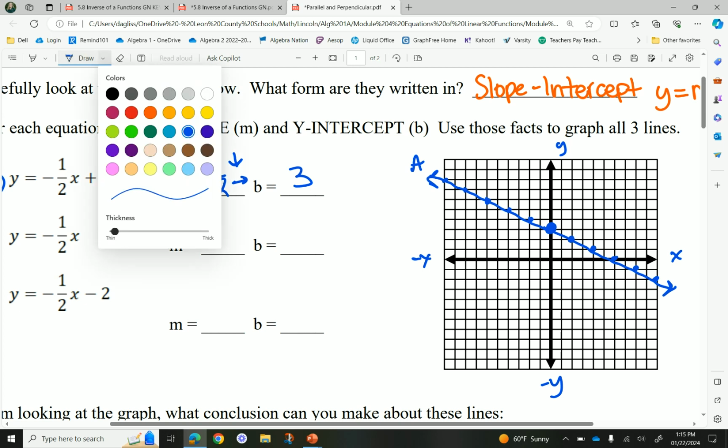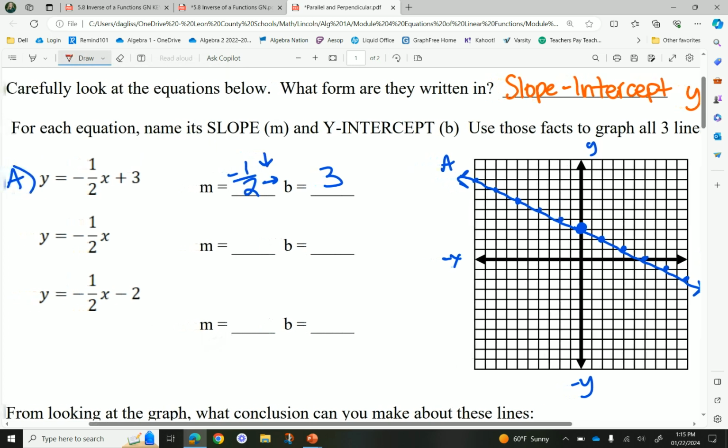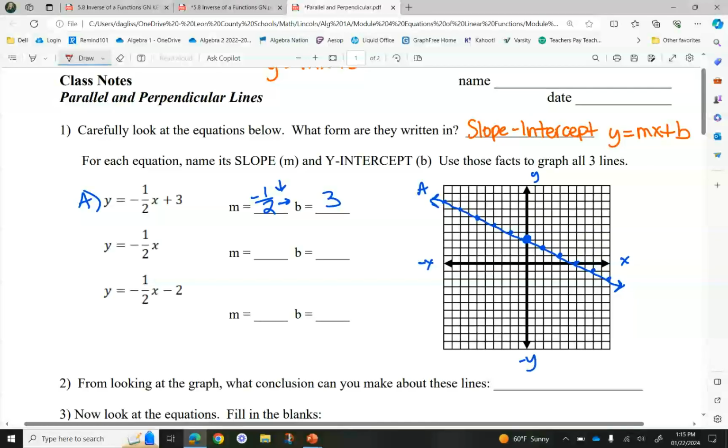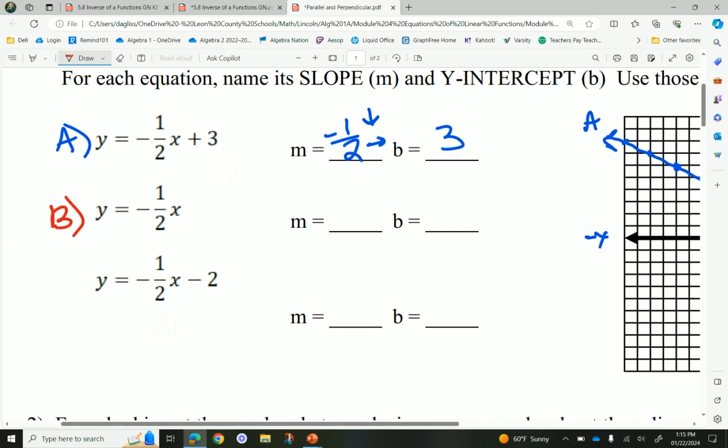My middle line, I'm going to call it line B. What is the slope for this one? What number is attached to my x? For that middle one, what's my slope?